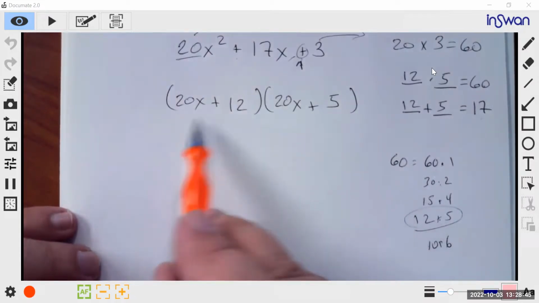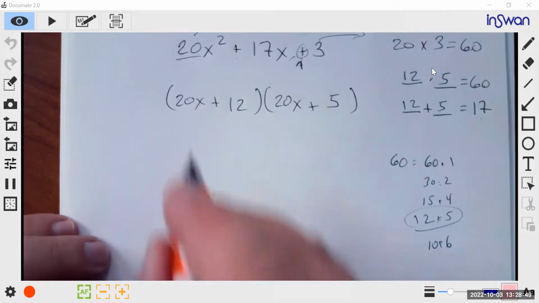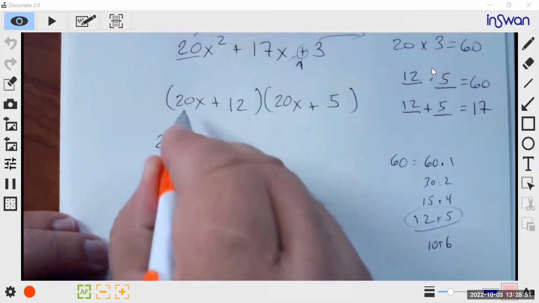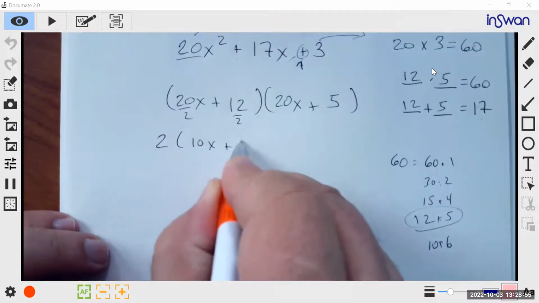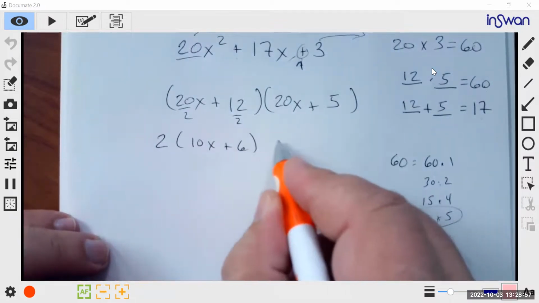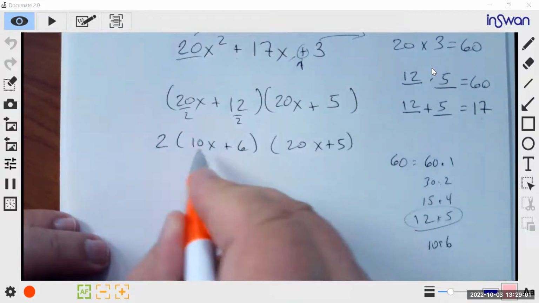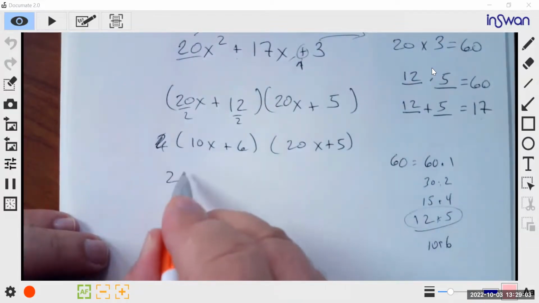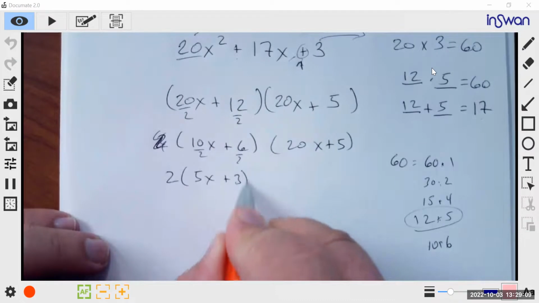So can anything factor out of this first term? What do they both have in common, if anything? Okay, we take out a 2. So it's 10x plus 6. Can anything else go out of there? Yeah. So another 2. We'll just delete that one. So divided by 2, we get 5x plus 3.